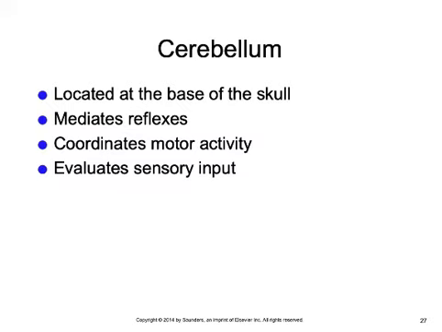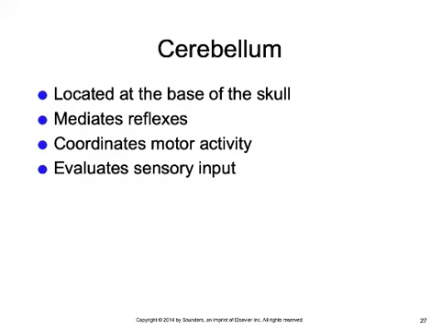Essentially what it does is it compares the motor action plan that's received by the precentral gyrus to what you're actually doing. And if the two don't match up, it fixes that plan and sends it back to the frontal lobe. And then we repeat the process of sending it down to the brainstem and the spinal cord. Okay?